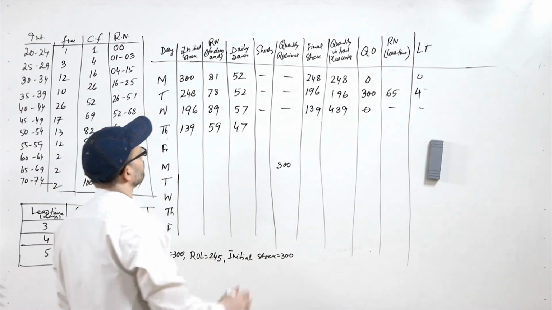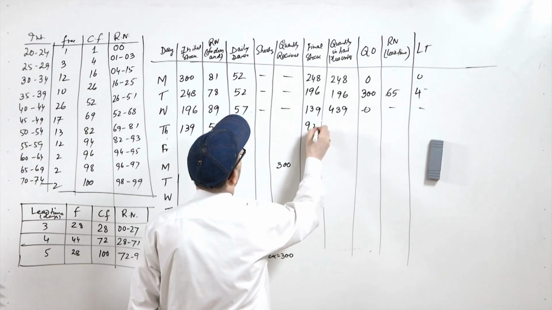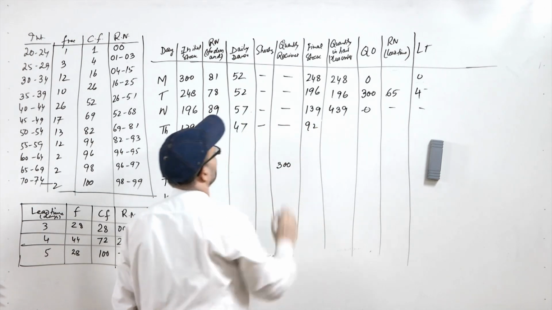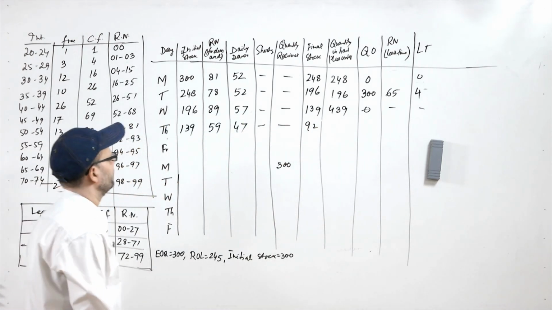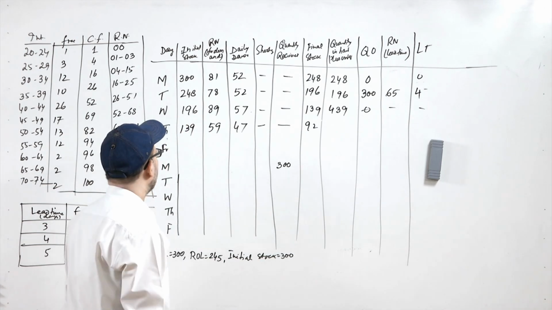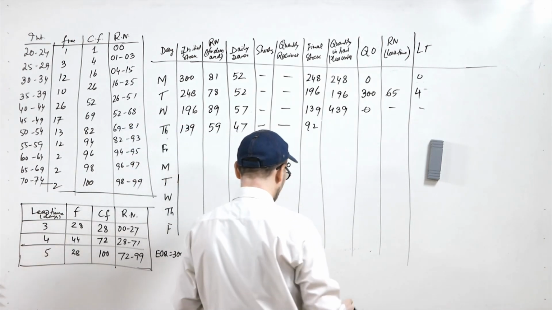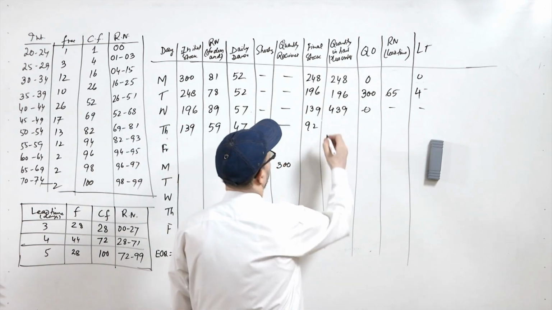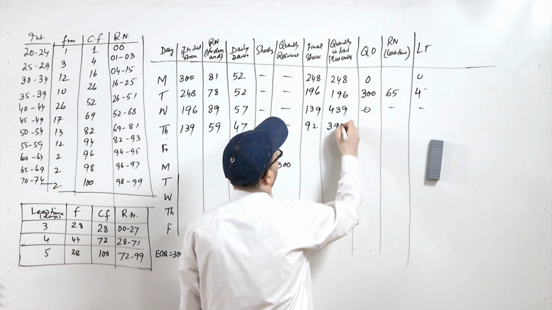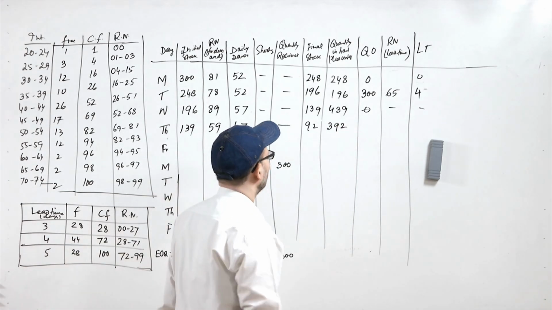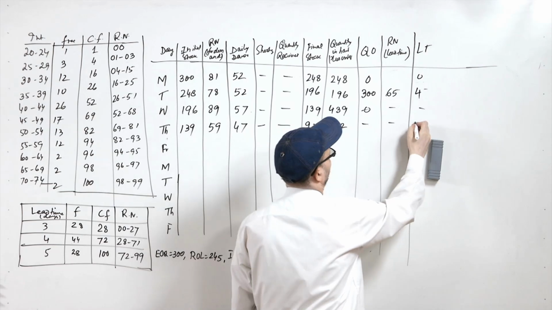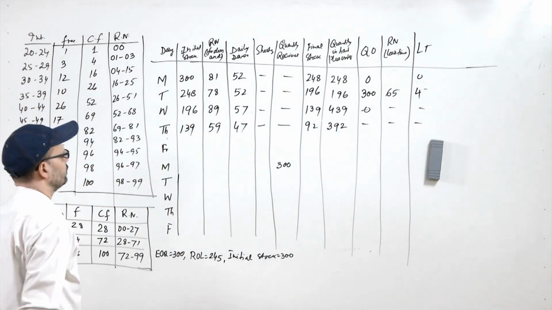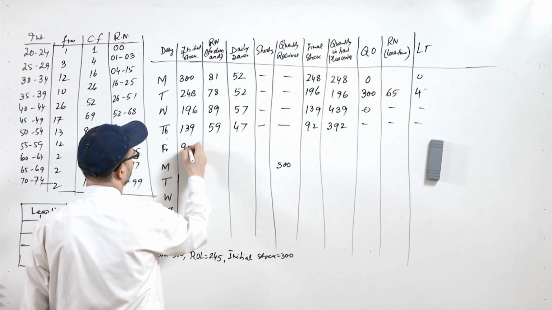So, it will be 92, with no storage, no shortage and no quantity received. From this 92 you will have 392 as the quantity in hand plus order; there is nothing for this. Further you come here as 92.